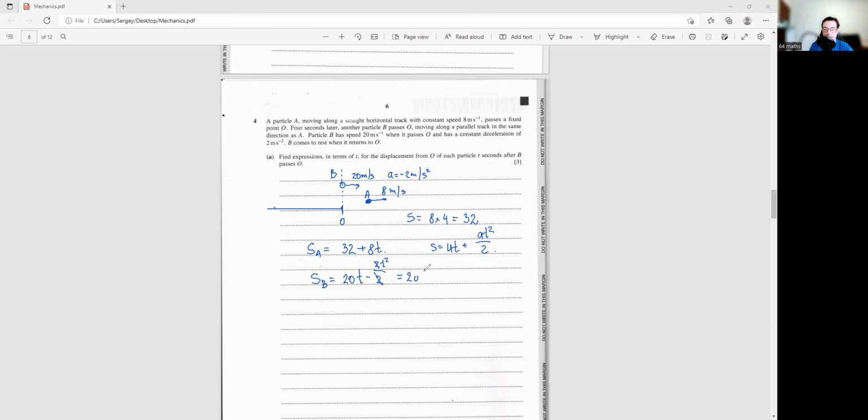And we've got 20t minus t squared. So that's pretty much it, and we're ready to state the answer. Displacement of A is going to be 32 plus 8t, and displacement of B would be 20t minus t squared. Okay, that's it.